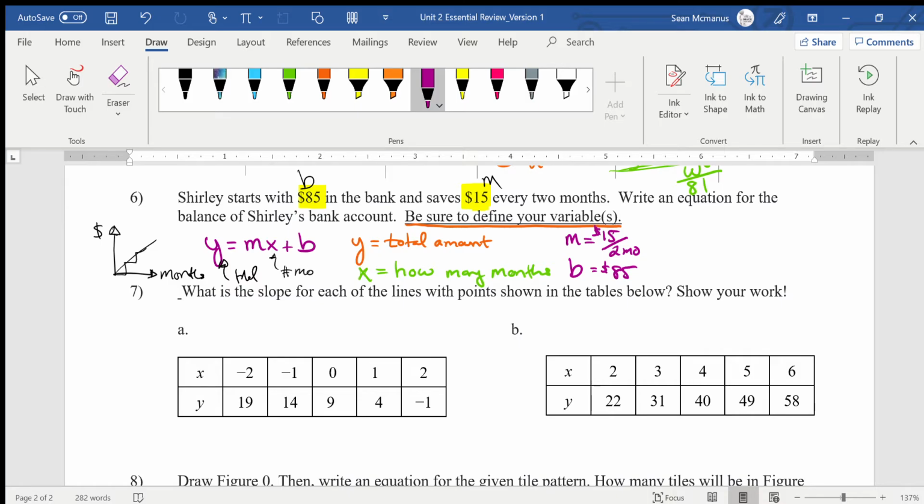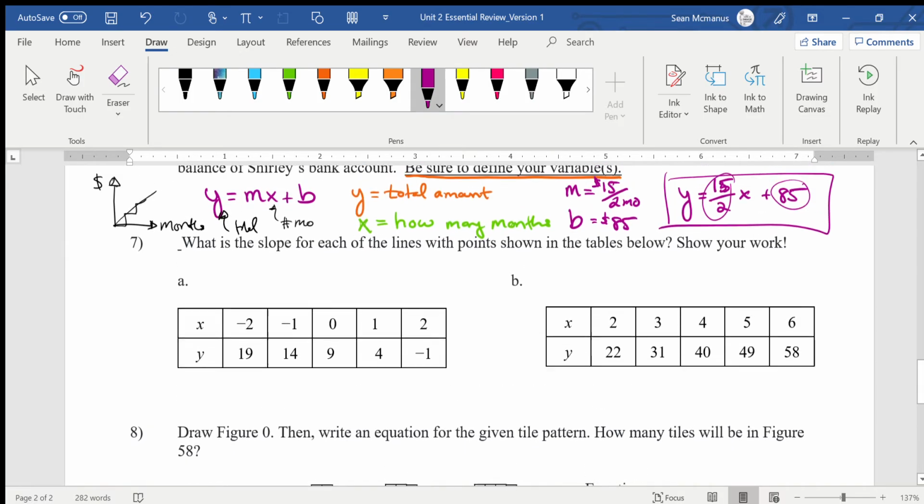So if I want to take all that information and write an equation, y equals 15 over 2 x plus 85. The start value and the rate are always going to go in the same two places.